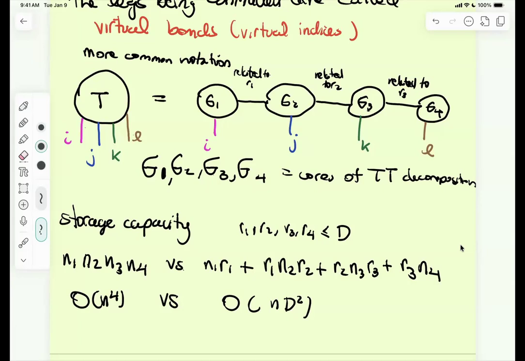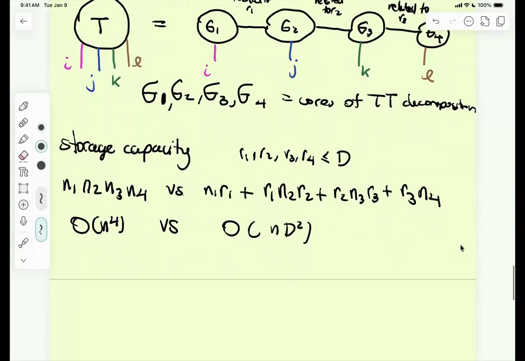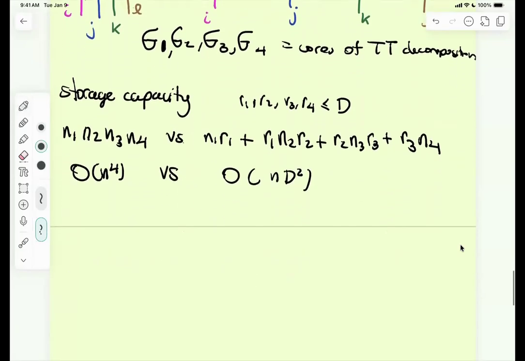But before, let me just mention this non-uniqueness, which is very easy to understand. It's a very fun diagram, actually, of the decomposition.